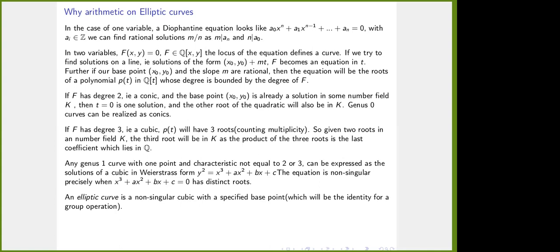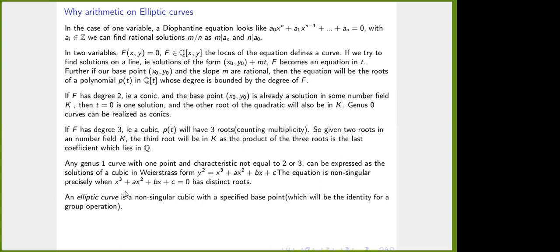So why do arithmetic on elliptic curves? The one variable case is trivial, and when you have a conic, genus g equals 0, you can get all the points by looking at lines starting from a point which is already on the conic and has slope in the number field.